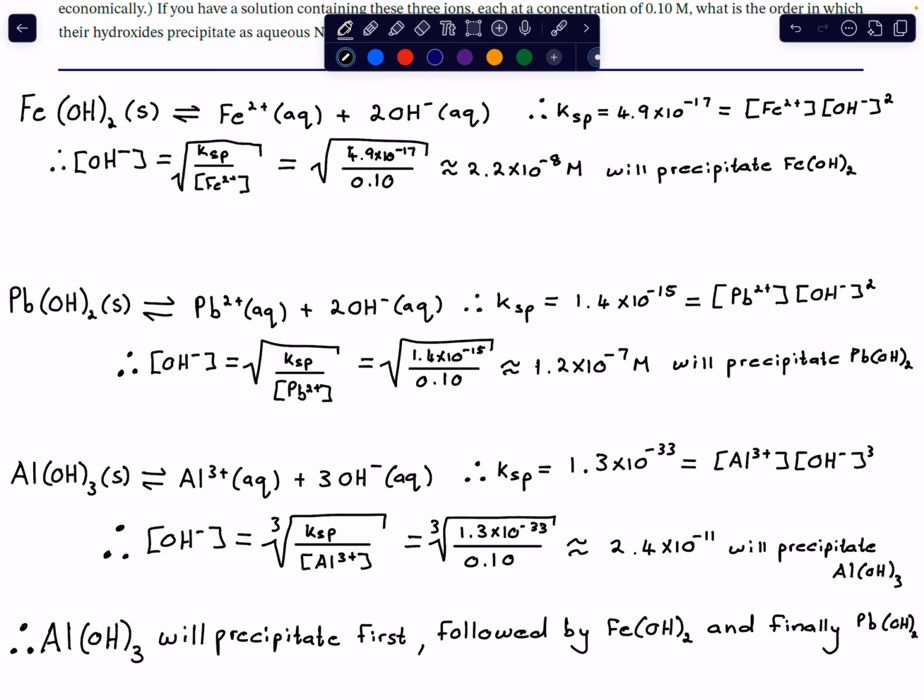All right, and that's also then again how you can separate them. So once the aluminium hydroxide has precipitated, you can filter it off, completely remove it, and then get the next precipitate, remove it, filter it off, and so on and so forth. Alright, so good way to separate ions and remove them from solution as well.